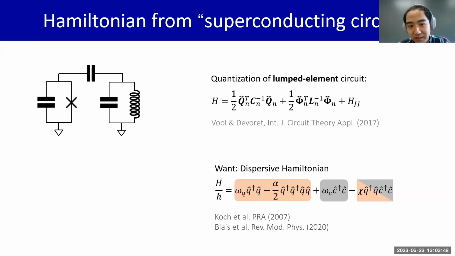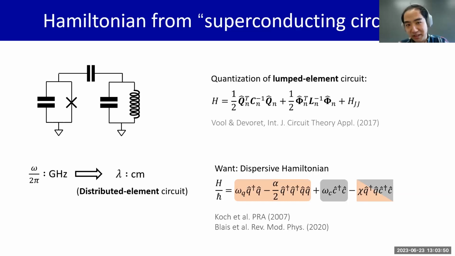And more importantly, even this LC circuit in our actual experiment is not an actual thing. In the lab, we don't have such components as lumped capacitance and inductance to build circuits on, because at microwave frequency, all the wavelengths are actually comparable to our actual package.